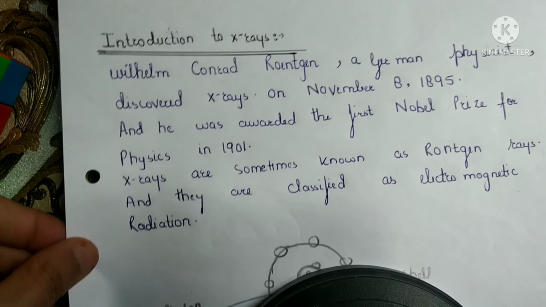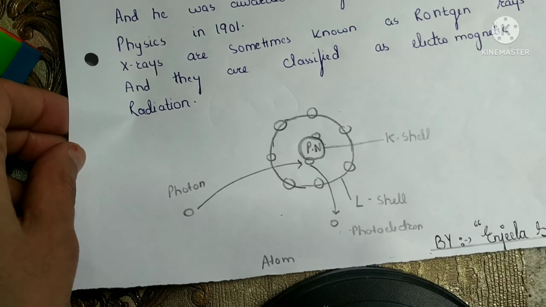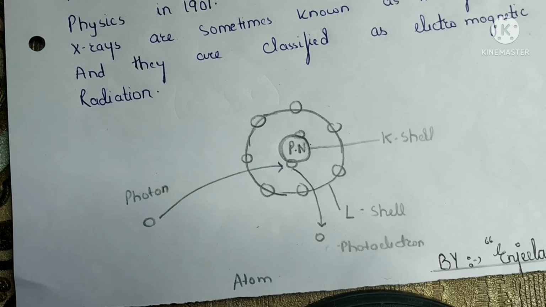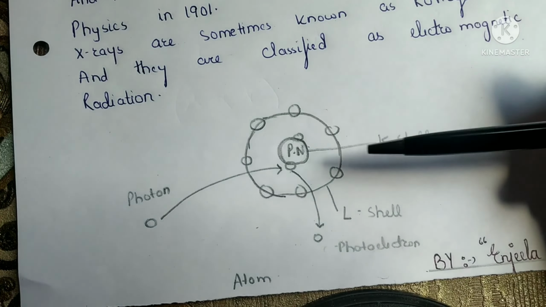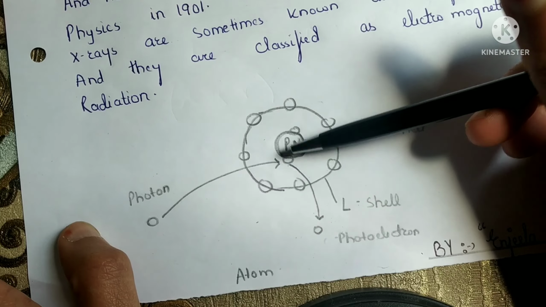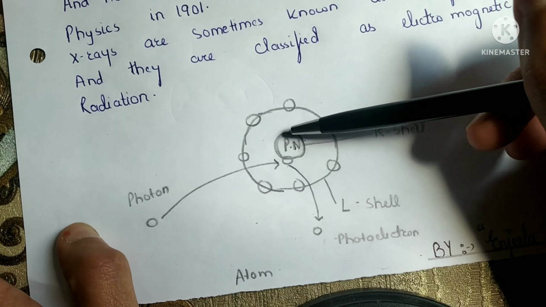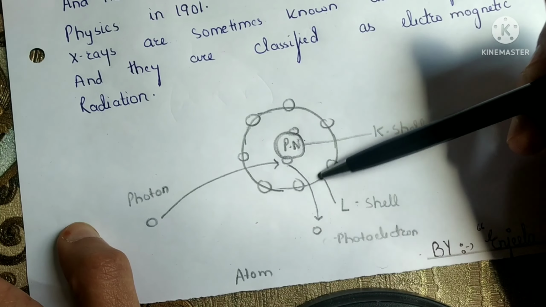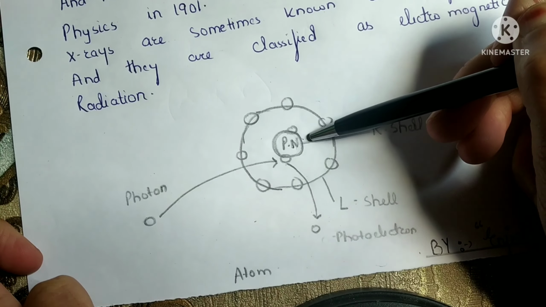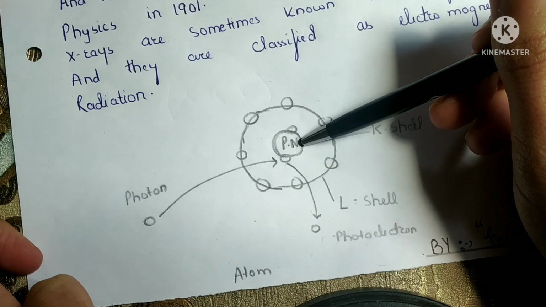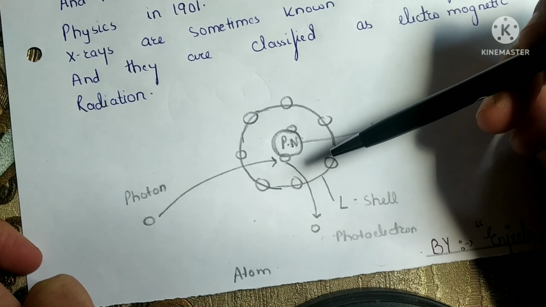Here's a diagram. I made a diagram of an atom. I hope you can see it clearly. This is a nucleus inside the atom, and around the nucleus are orbits. This is one orbit, this is the other one. Inside the nucleus there are protons and neutrons, means positive charge and neutral charge.